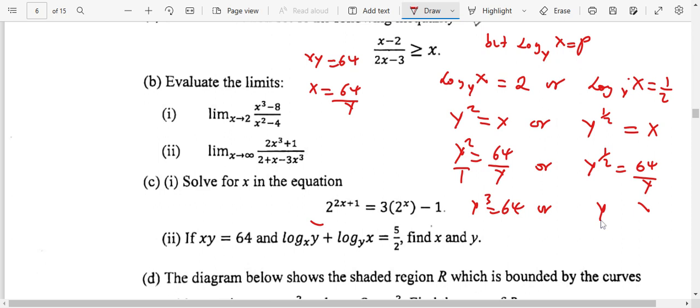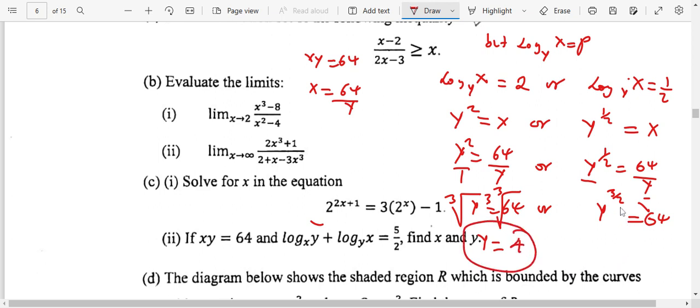Or we'll also cross multiply here, that will be y to the power 3 over 2 is equal to 64. When you multiply y to the power half times y, you're multiplying same bases, so just add the powers, half plus 1. To find y here, we're going to take the cube root this side and also this side. So y is going to be, what is the cube root of 64?